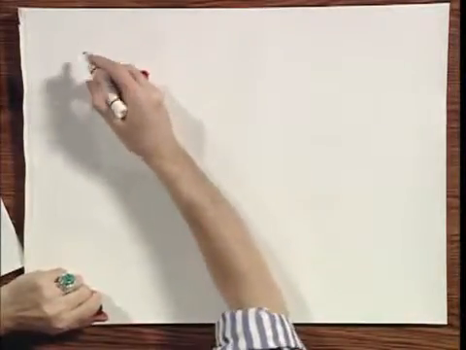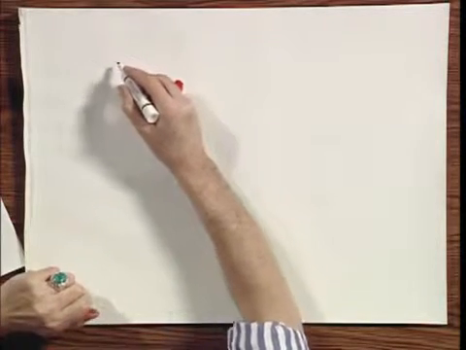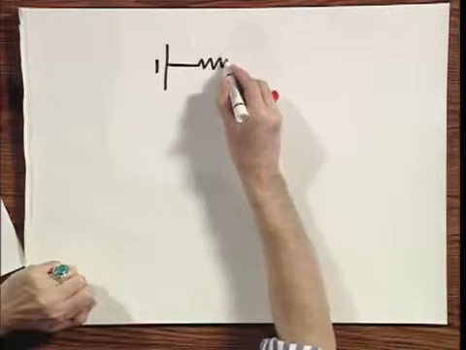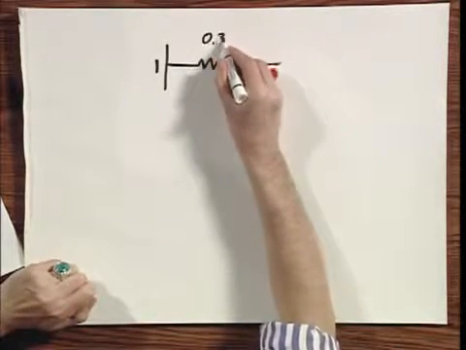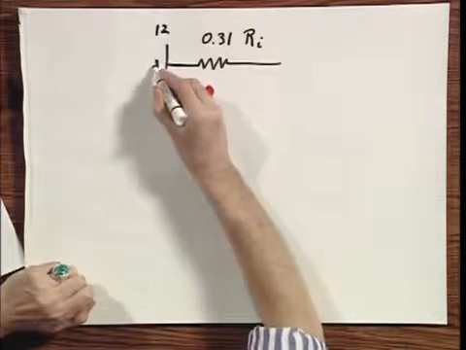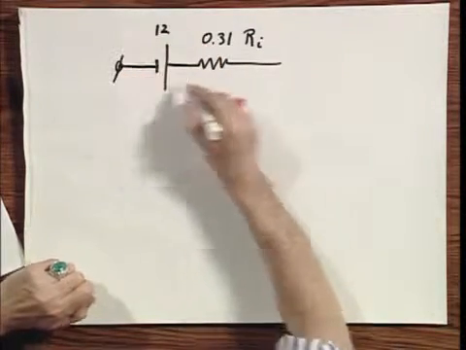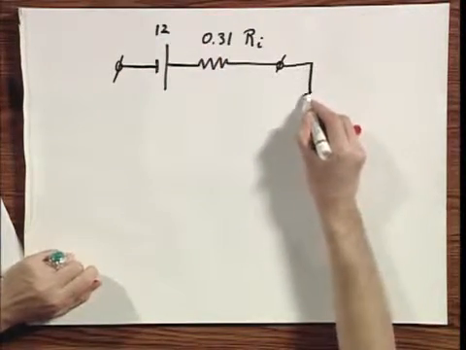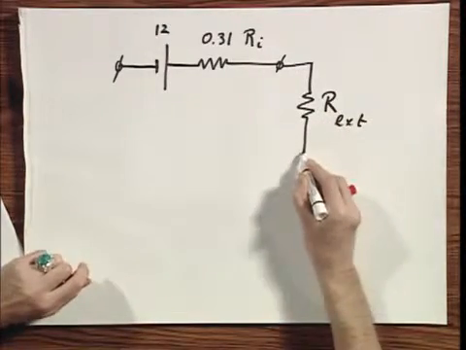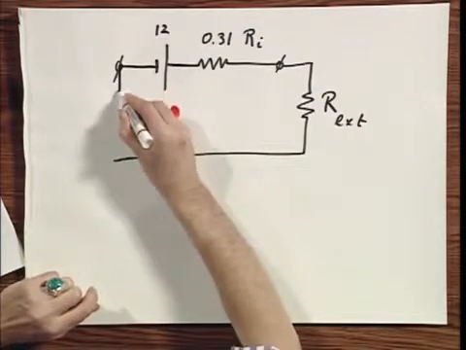So when the battery is completely discharged, and I do that through an external resistor. Here is your Ri, here is your 12 volts, your terminals of your battery, and I'm going to here put now an external resistance, discharging this battery.